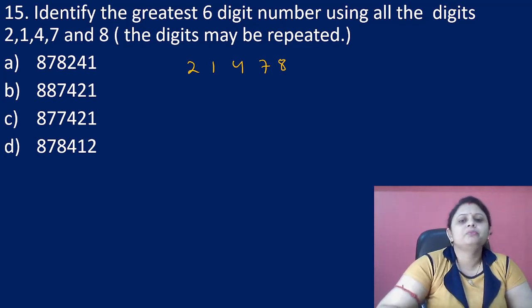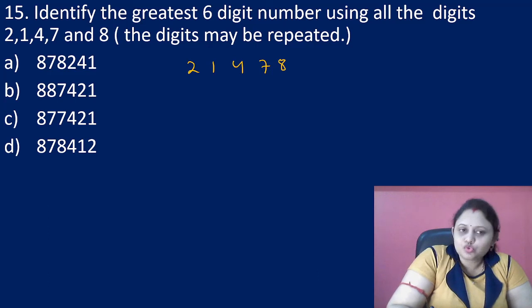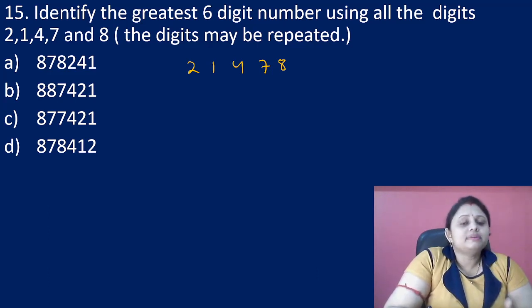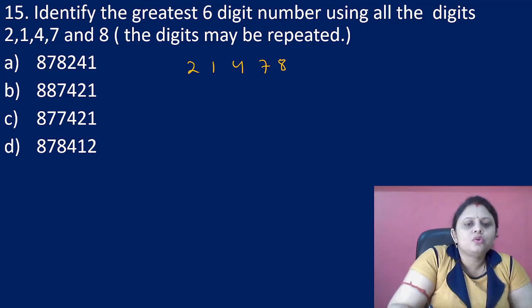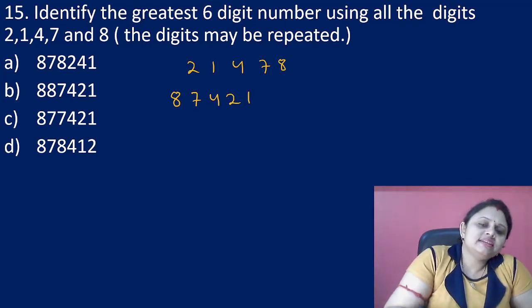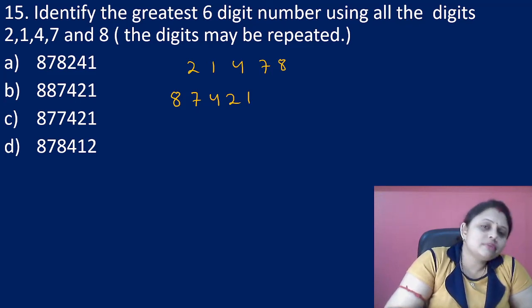Okay, so we need to find the greatest number. As you know, to find the greatest number, we need to arrange the digits in descending order. So 8, 7, 4, 2, 1. Okay, we get this number, but it is of 5 digits. For 6 digits, we have to repeat one number. Which number do we have to repeat?